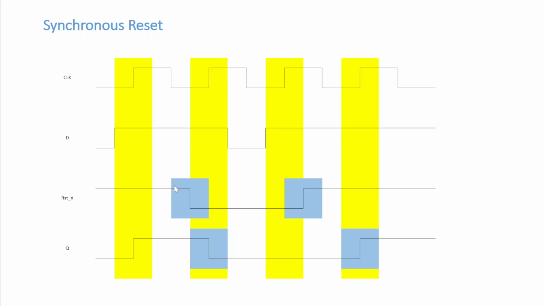Now at some point reset comes. This reset comes at this point, and it will be reflected at the passage of the clock. Whenever we get the passage of the clock, at that time the output gets cleared. This is how synchronous reset behaves.